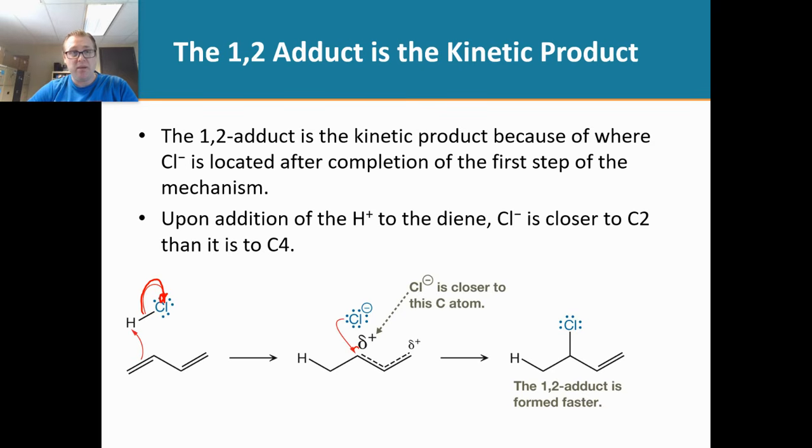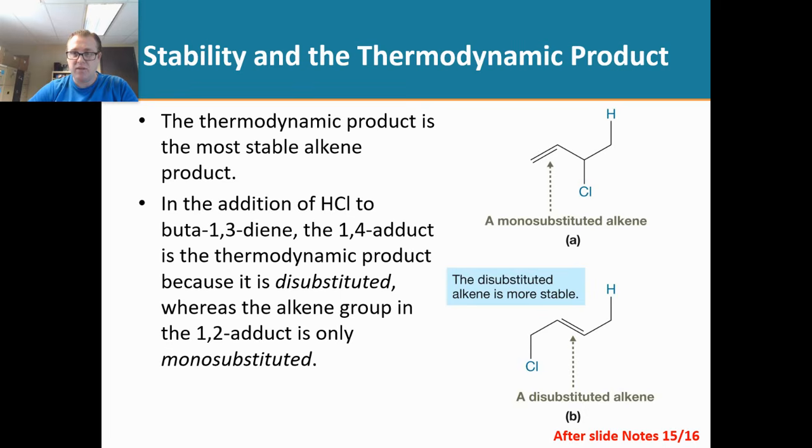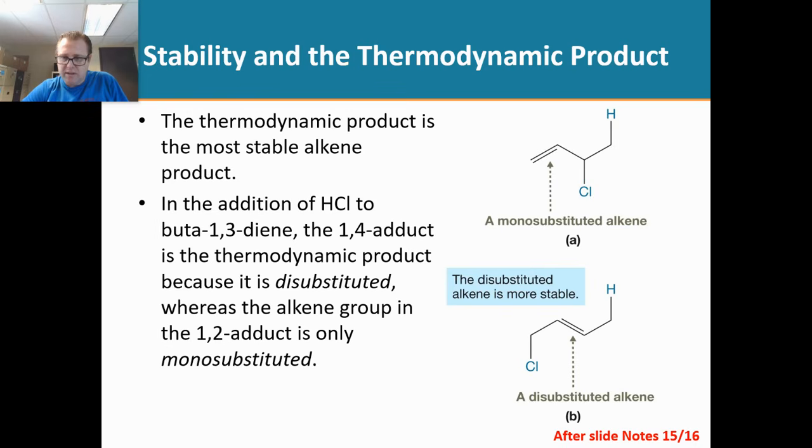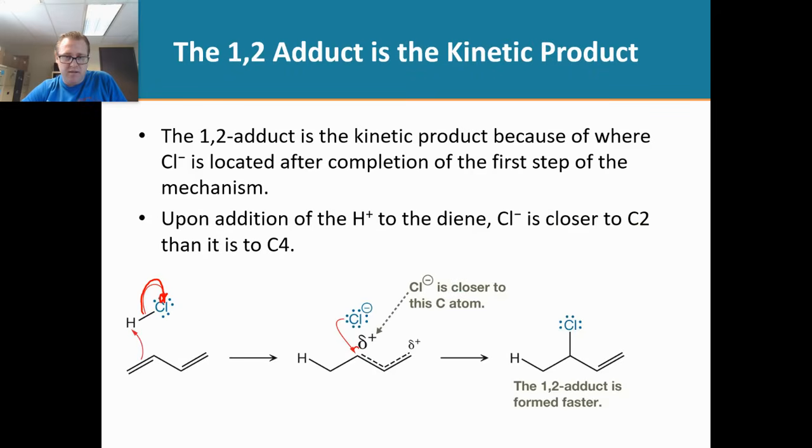But the thermodynamic product takes a little bit more effort, because what happens? Let's draw it out here. If we want the thermodynamic product, then this chloride has to travel over here.